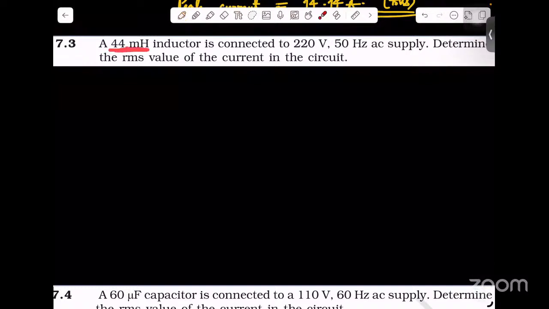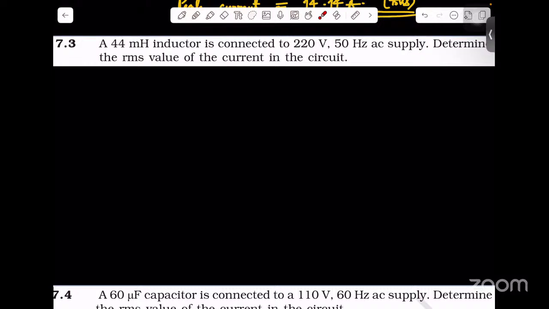A 44 millihenry inductor is connected to a 220 volt, 50 hertz AC supply, not battery, AC supply. Determine the RMS value of the current through the inductor.